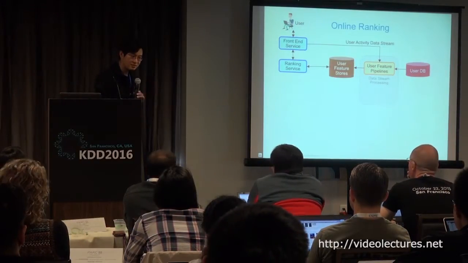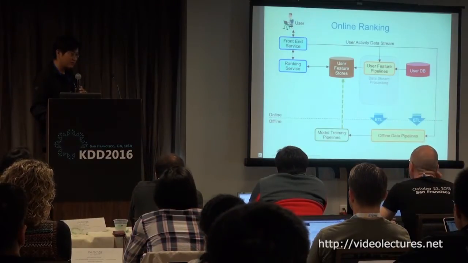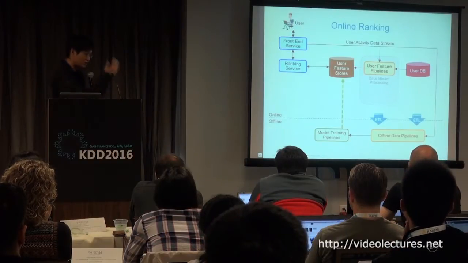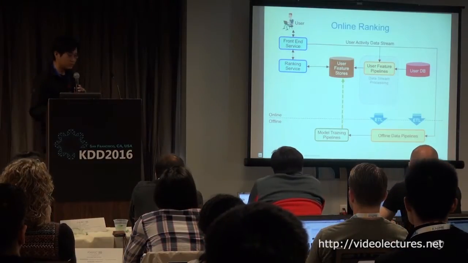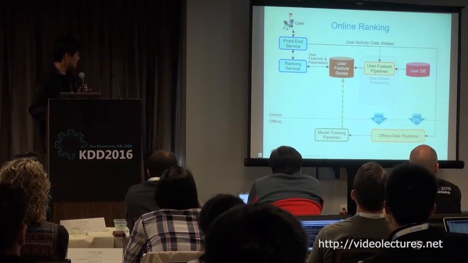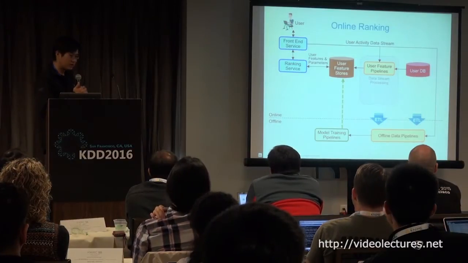Okay. And the user-specific parameters are generated from Hadoop and then pushed also to this user feature store. And then we return the user features and parameters to the ranking service.